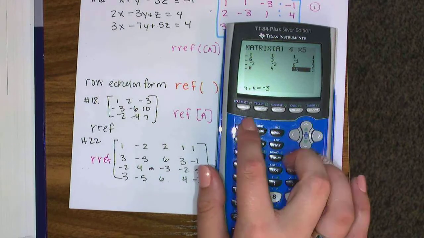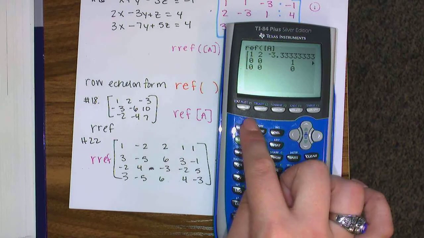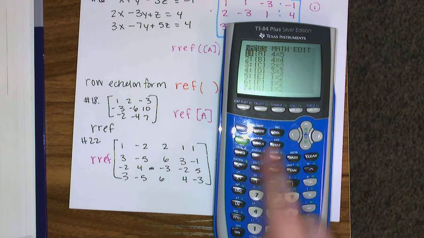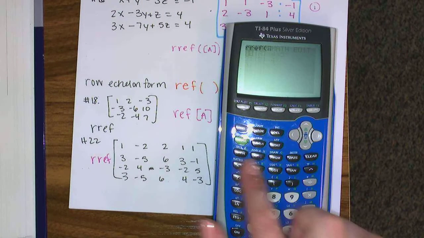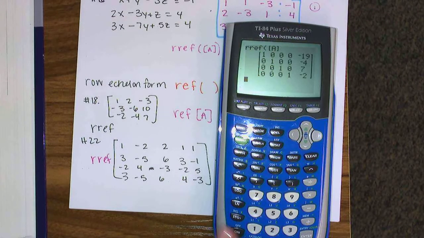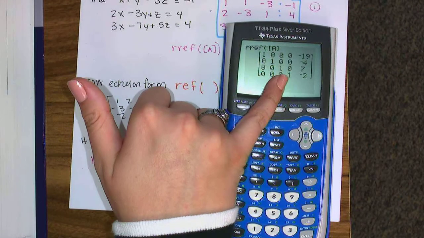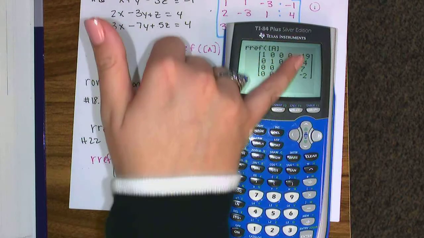And hopefully I typed that in right. Alright, so then second matrix, we're looking back for the RREF. Second matrix A. And notice I have the ones on the diagonal and numbers down the side.